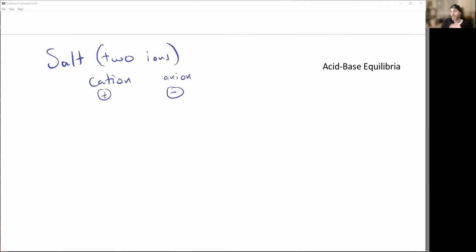And what we're going to do is analyze them separately, and then we're going to look at their pH. Okay, so the idea here is they're going to have different pHs based on the ion acid base character.